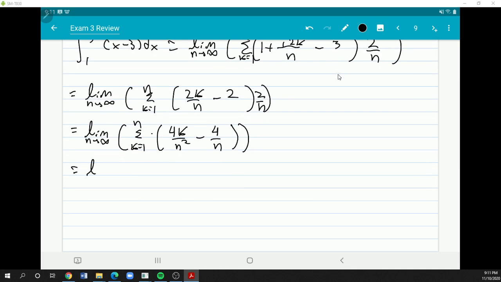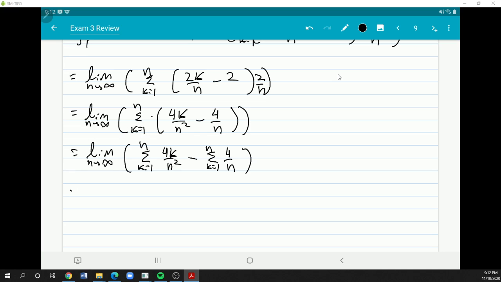Now I can bust this up into two sums. So I get the sum k equals 1 to n of 4k over n squared minus the sum from k equals 1 to n of 4 over n. What do we have now? Limit as n goes to infinity. Now I can pull out constants.